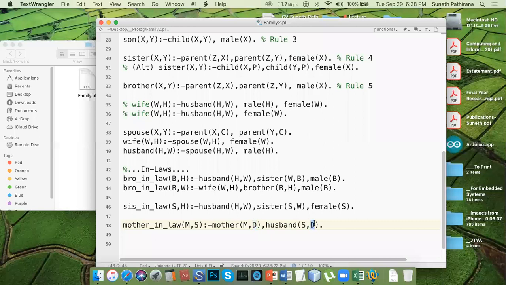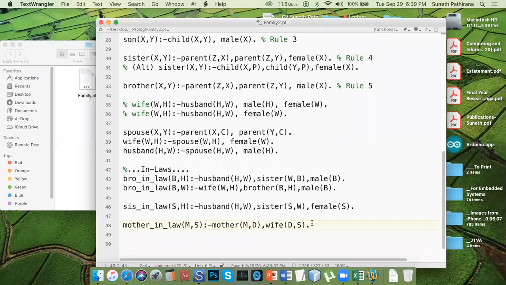So this time D, or the daughter of this M, becomes the wife of S. If we take W, then it is clear. W, wife. From one hand, D becomes the daughter of M. From the other hand, D becomes the wife of S. Okay.